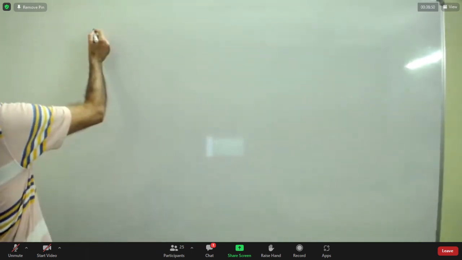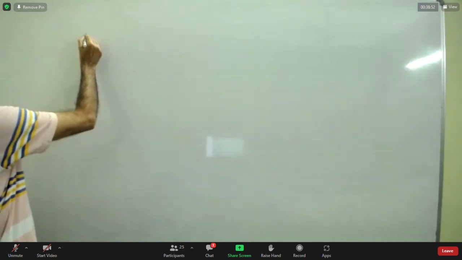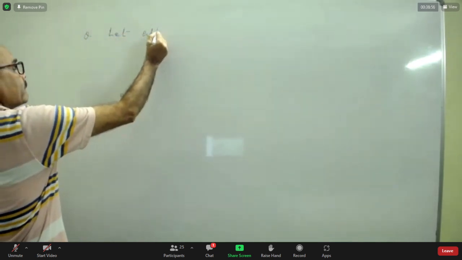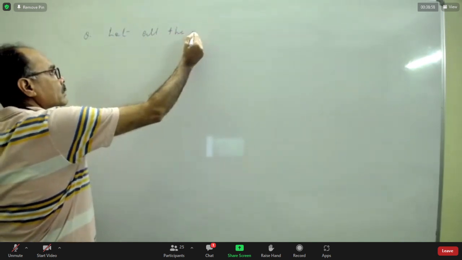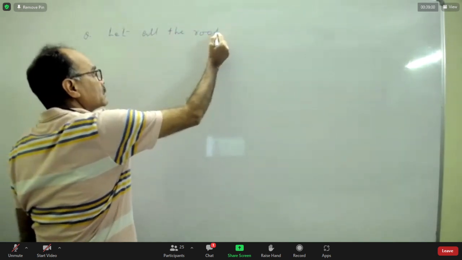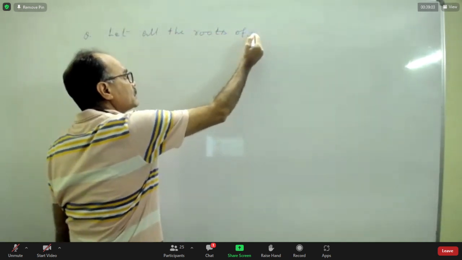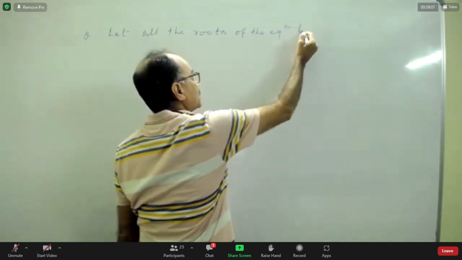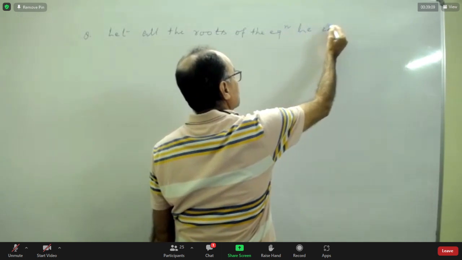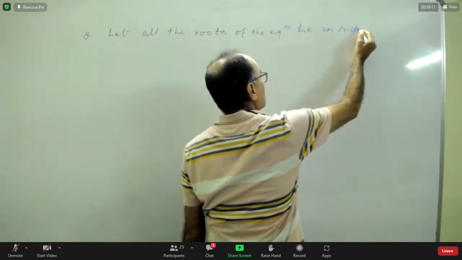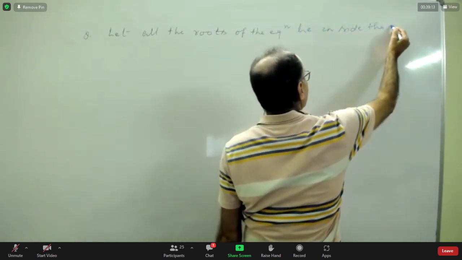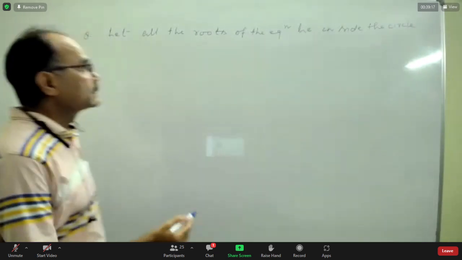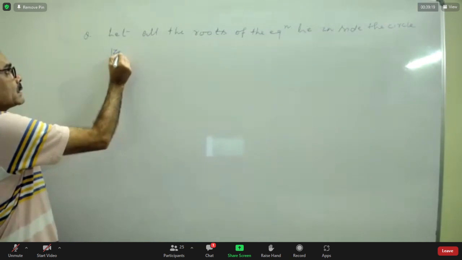Let all the roots of the equation lie inside the circle mod z equals 2/3.